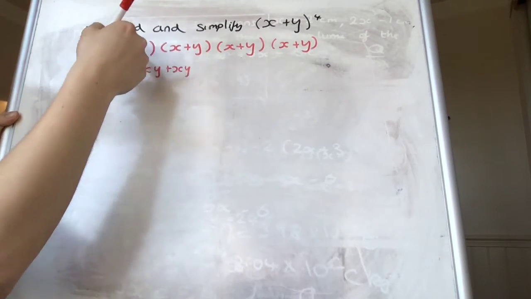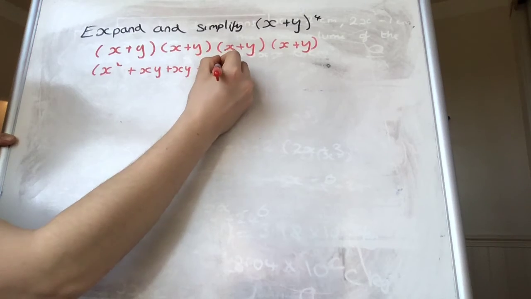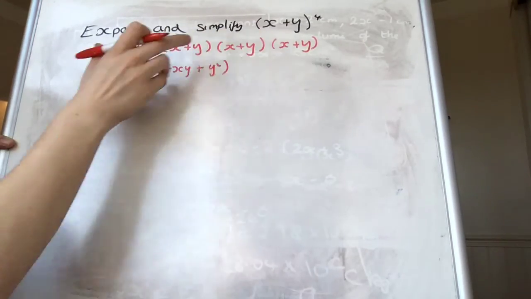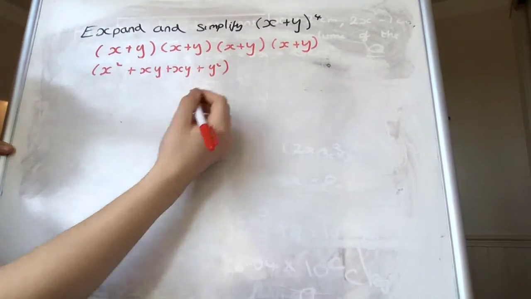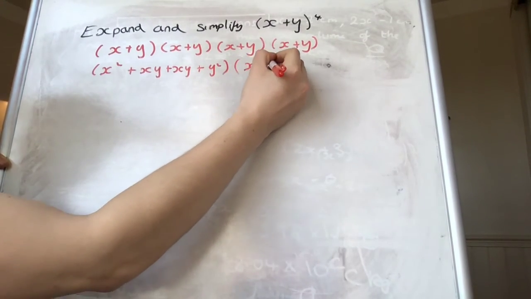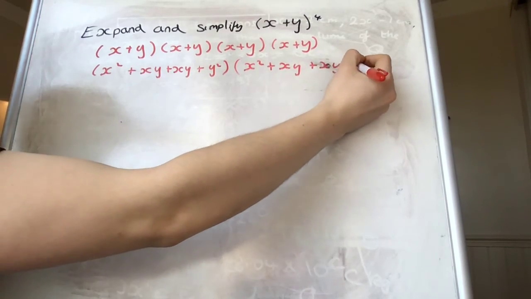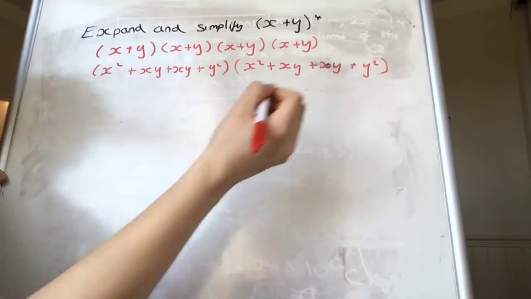So remember, x squared, x times y, y times y, it's y squared, and this expression is the same as that expression, so we can just write that out again. So x squared plus xy plus xy plus y squared.